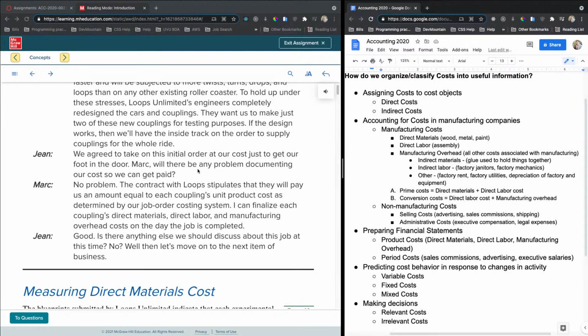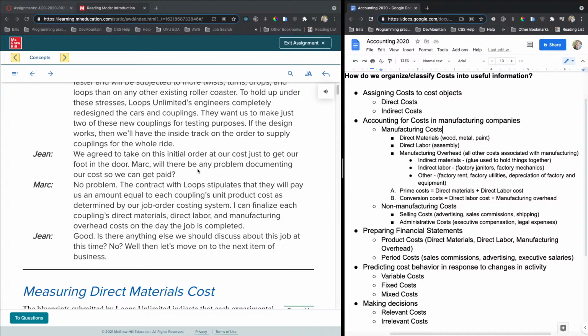All right. We agreed to take on this initial order at cost just to get our foot in the door. Mark, will there be any problem documenting our costs so we can get paid? No problem. The contract with Loops stipulates that they will pay us an amount equal to each coupling's unit product cost as determined by our job order costing system.